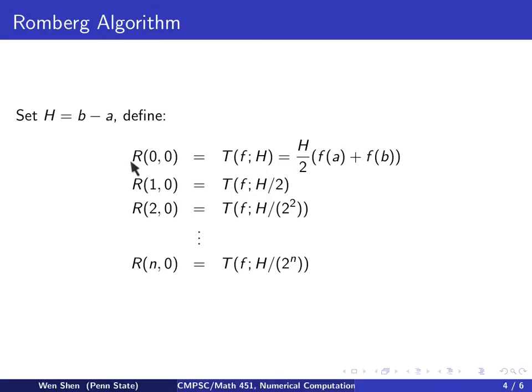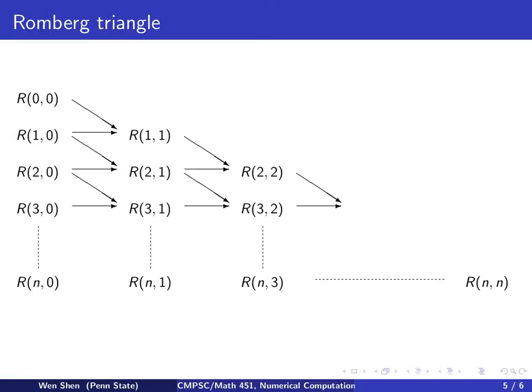And this will be assigned as the first column of a matrix that we're going to generate. This is called the R matrix. So R(0,0), R(1,0), R(2,0), and so on will be initialized by the trapezoid computation. Then using these as the starting values, the first column here, one can generate a Romberg triangle.